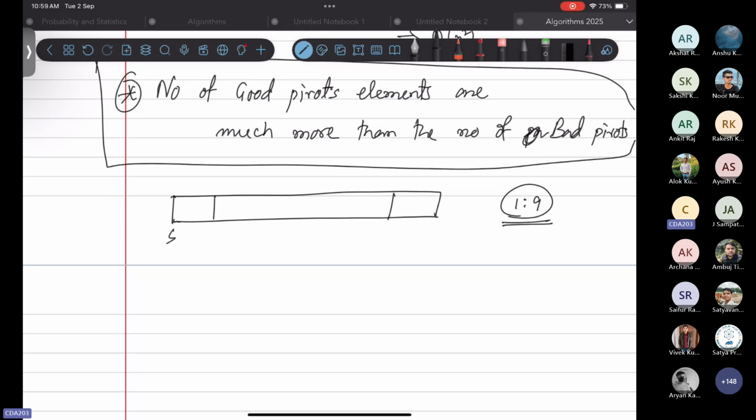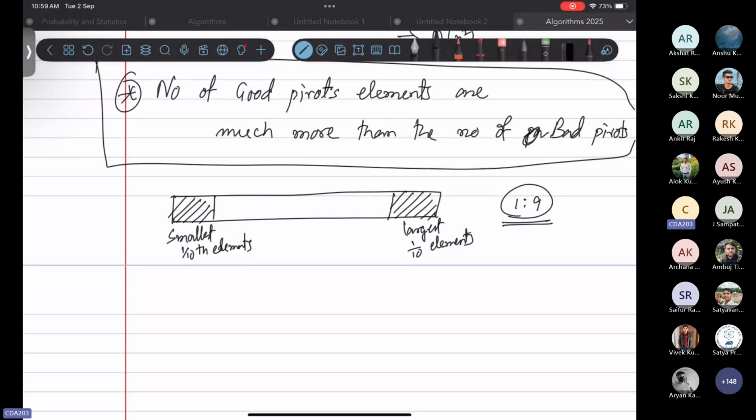Forget about the smallest 1/10 elements and the largest 1/10 elements. Just ignore the smallest 1/10 and the largest 1/10, right?